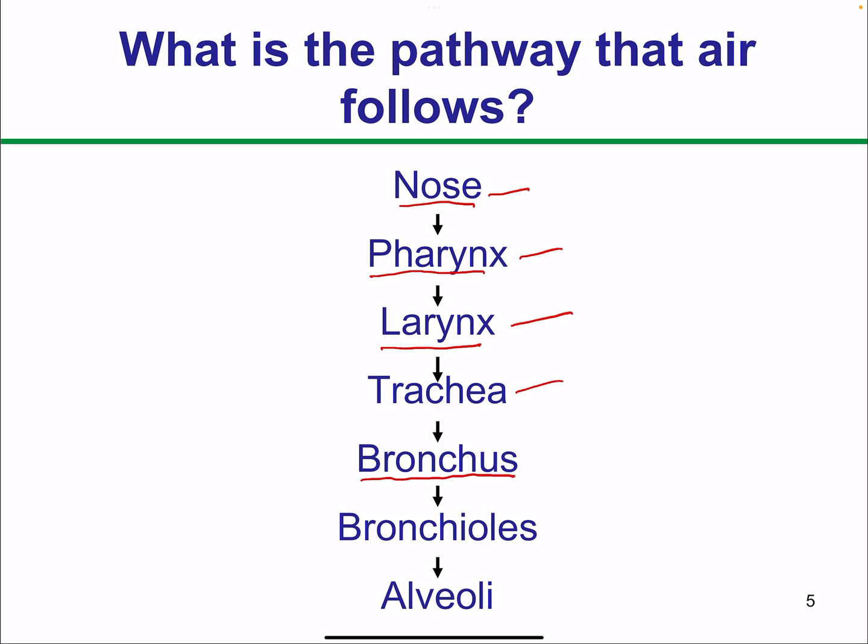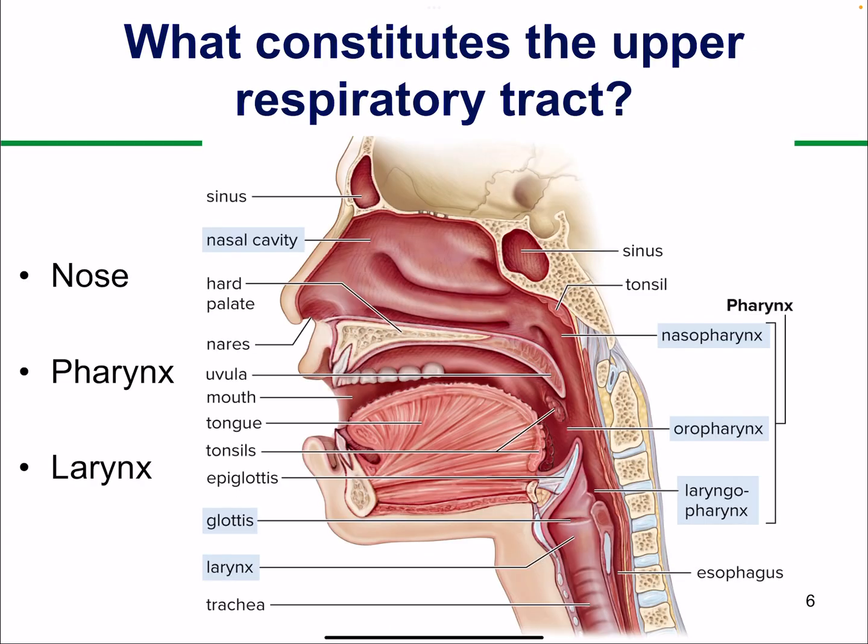And the bronchi are going to divide further into bronchioles, and the bronchioles ultimately are going to develop into a sac that is called an alveolus. Now, obviously, you don't have just one of them, you have many sacs, many alveoli. We are going to take a look at that.